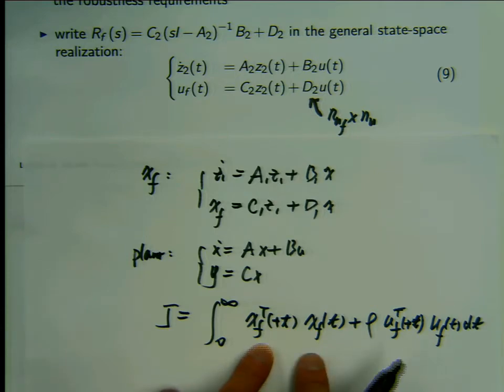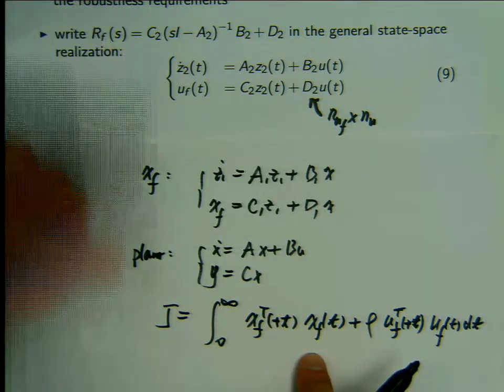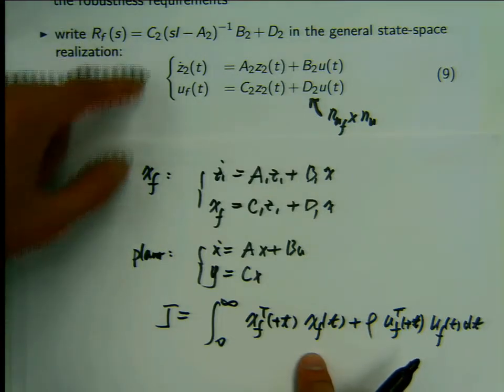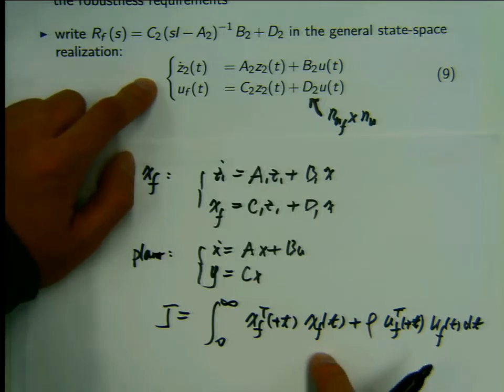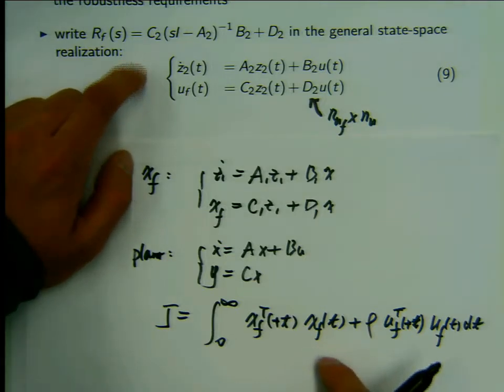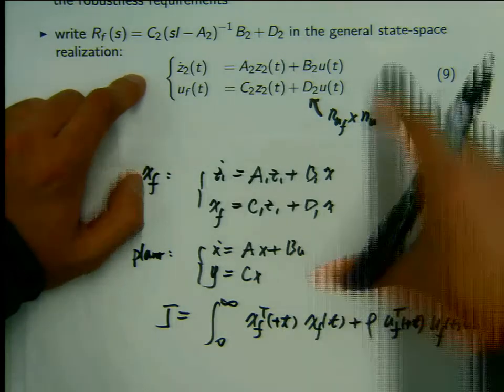Okay? Now, after we have done all these augmentations of x and u, what is, for example, the order of the enlarged system now?